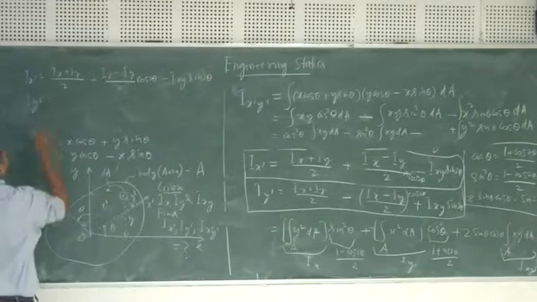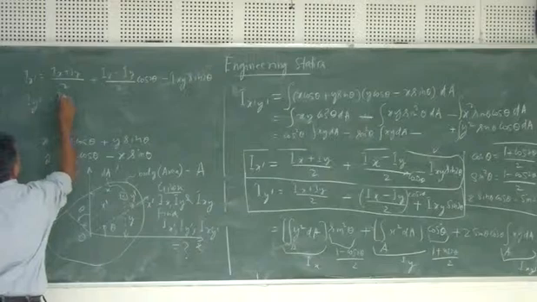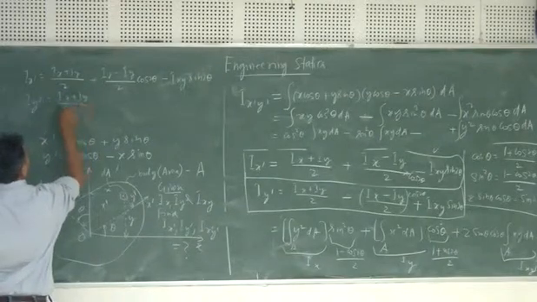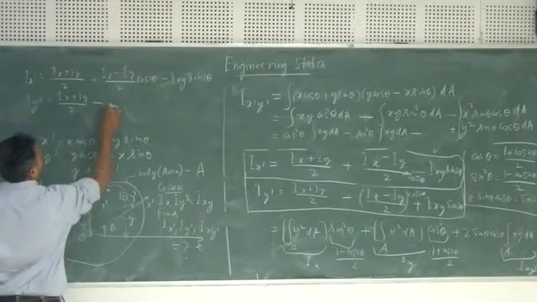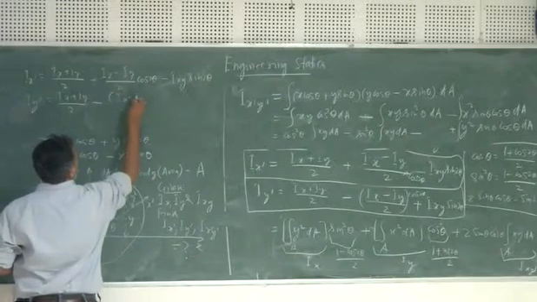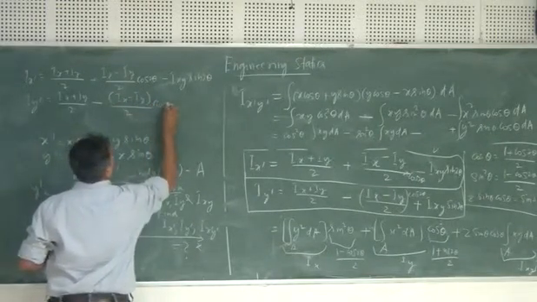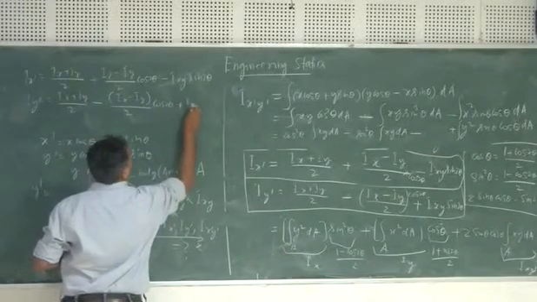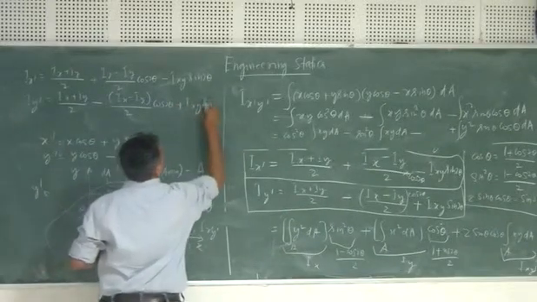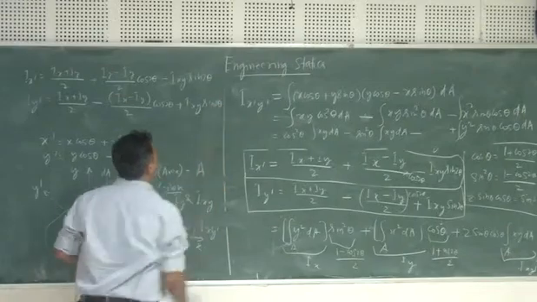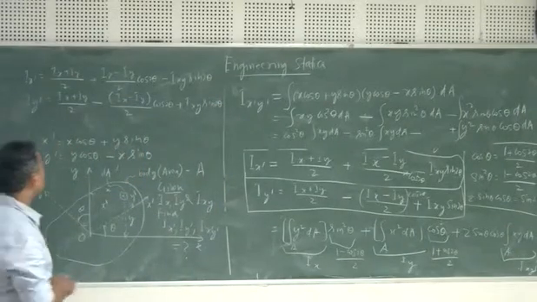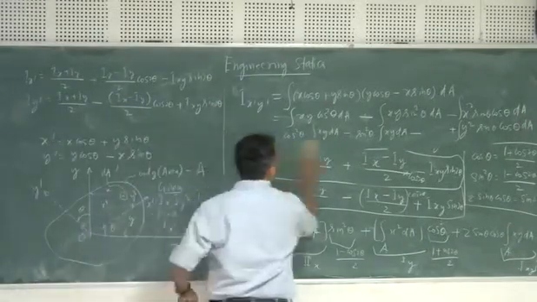Iy dash is equal to Ix plus Iy, Ix minus Iy cos 2 theta plus Ixy sin theta, right? So this is what you are going to get.